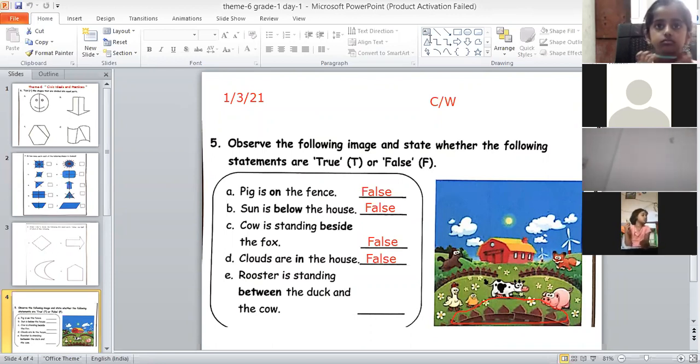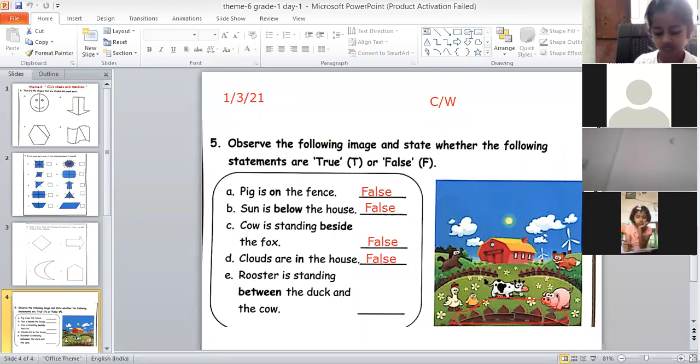Okay, Ayansh, I'll get back to you. Let us see what we mean by between. I need to take three things in my hand. Let us take smaller ones. Now, children, see here.